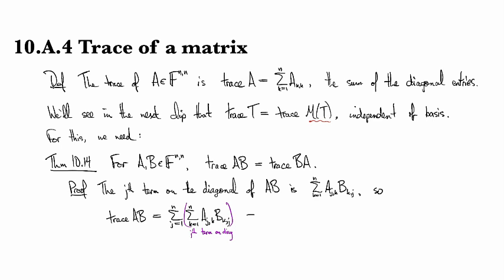And since this is a finite sum, it doesn't matter what order we write it in. You can always rearrange a finite sum. And I can also write those two numbers, the A and the B entries, in whatever order I want, because multiplication of numbers is commutative. So I could do the B one first.